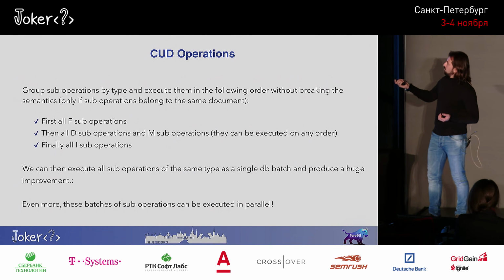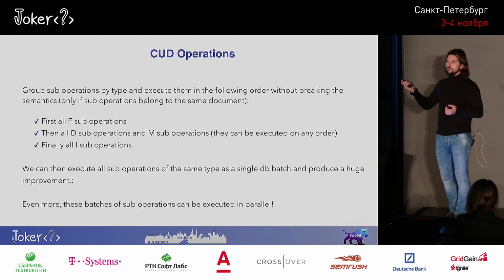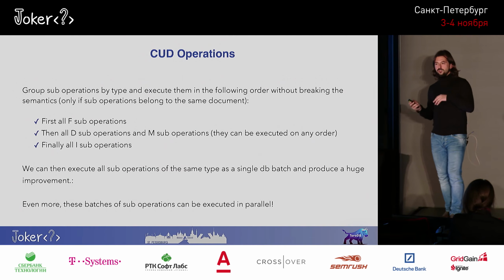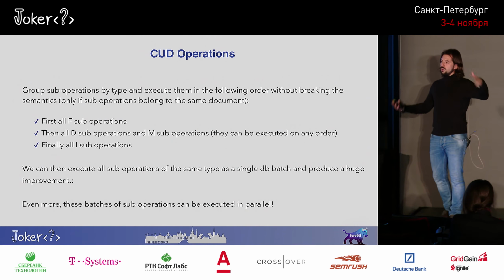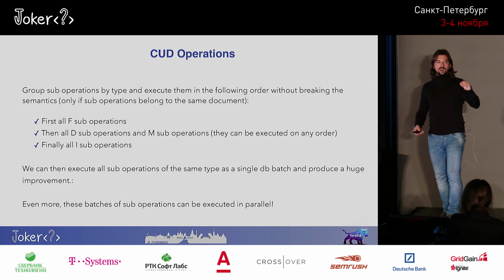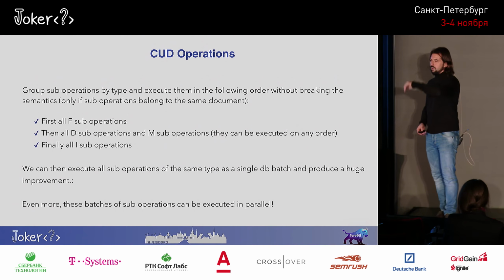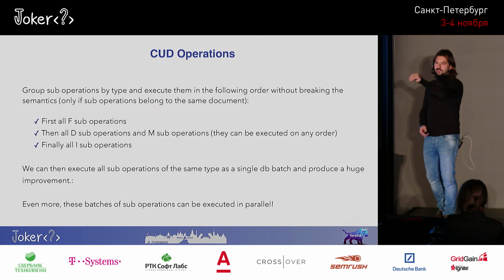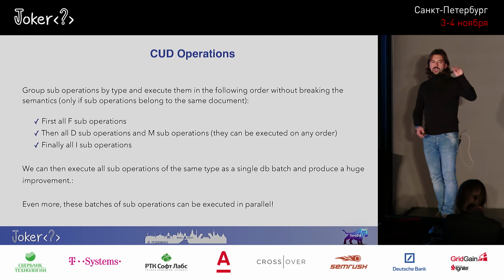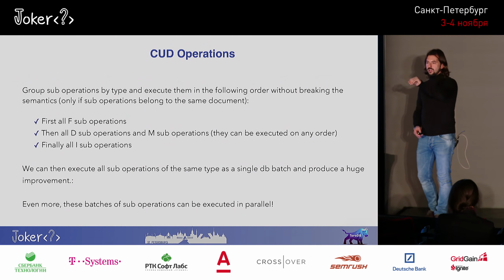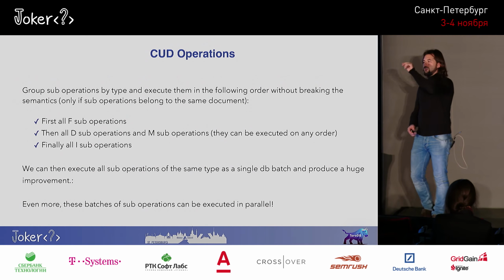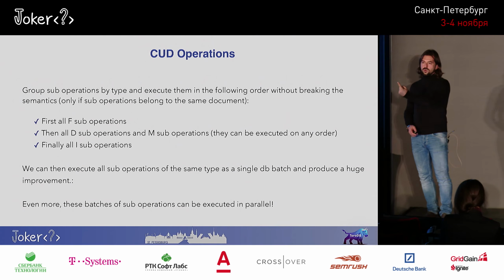For operations that belong to the same document, we can perform first all the fetches. So for example, if you're modifying in a batch, think of a batch of 1,000 documents, you're performing a lot of deletions, they need to look for many documents. You don't want to do a query like select this where ID equals X, select where ID equals Y. You prefer to say select the ID for these documents where _ID is in X, Y, Z. You execute a single query.